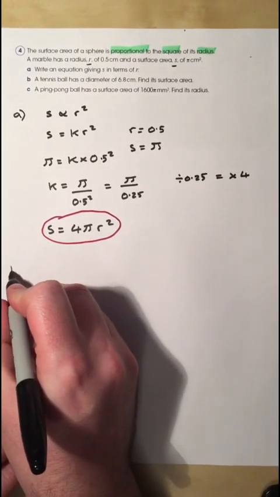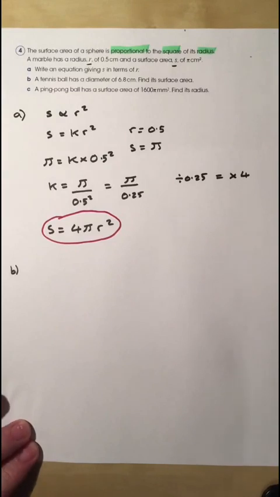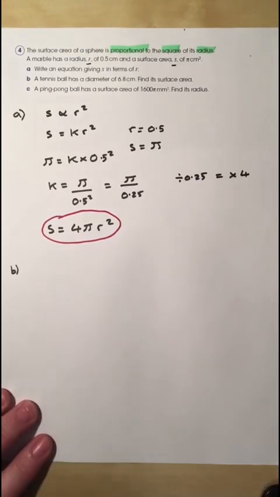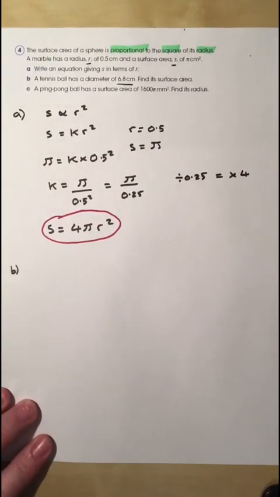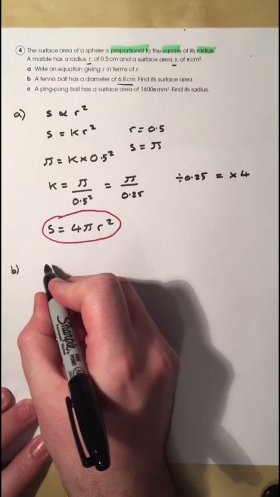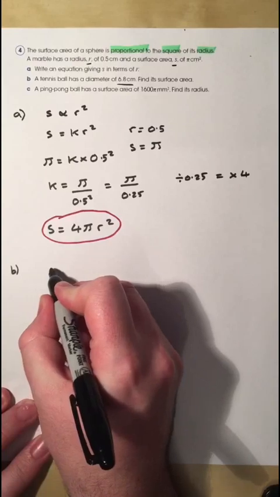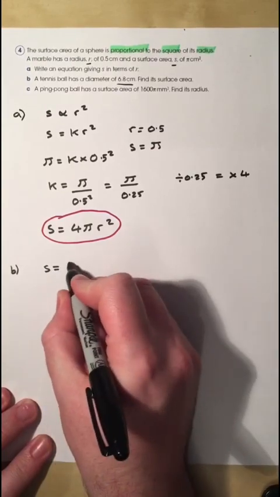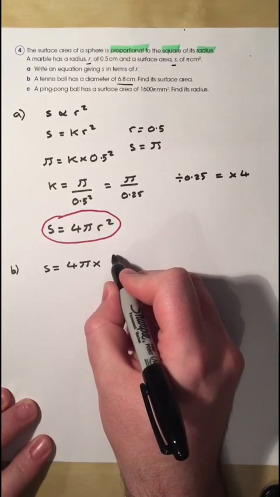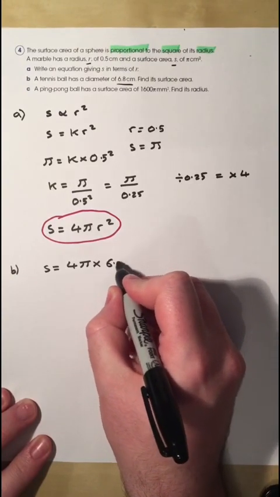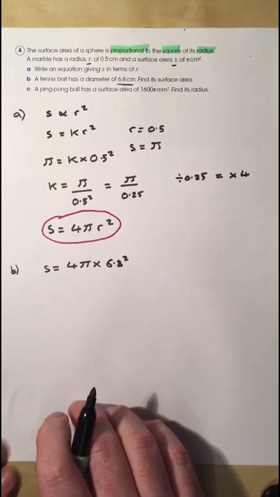Part B. The question says a tennis ball has a diameter of 6.8 centimeters. Find the surface area. So now we use this equation, we just substitute the values in. So the surface area equals 4 pi times 6.8 squared.